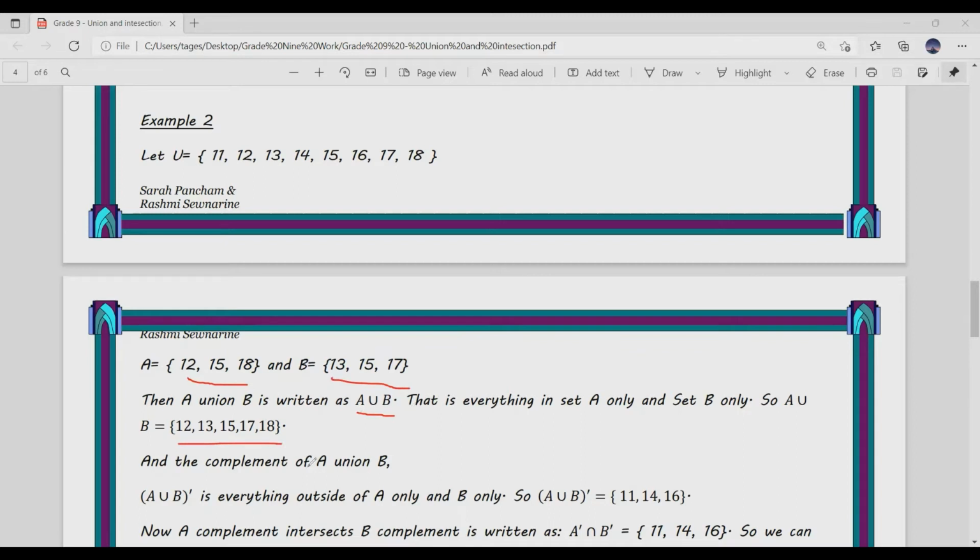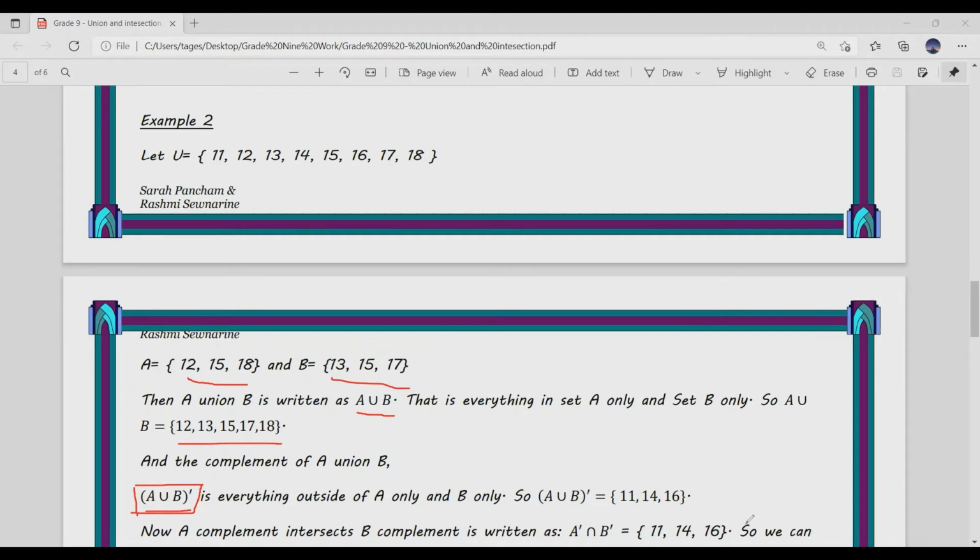And the complement of A union B, I explained that before. A union B complement, we say that is everything that is outside of A only and outside of B only. So everything that is outside of the set, when they give you the universal set.